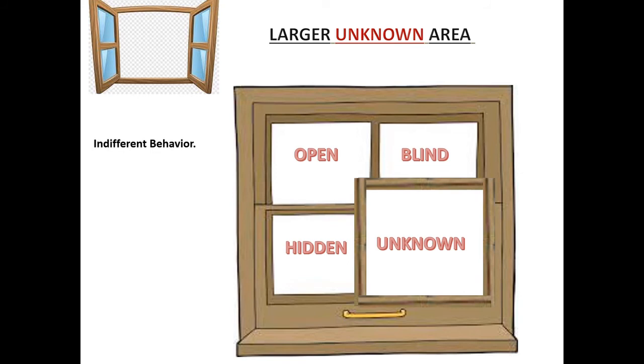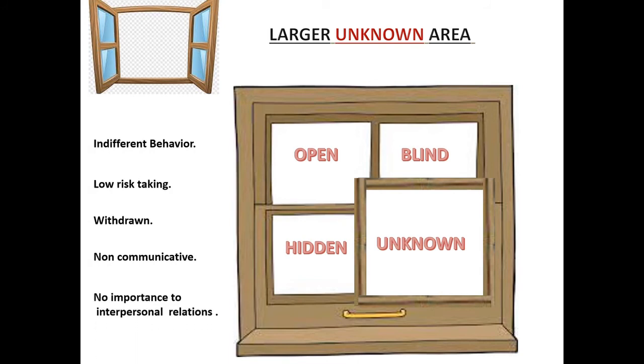He's a person who has an indifferent behavior. He is a low risk taking person and withdrawn by nature. These are all negative, as you may notice. Non-communicative as well. This person is very silent. And for him, there's no importance to interpersonal relationship.